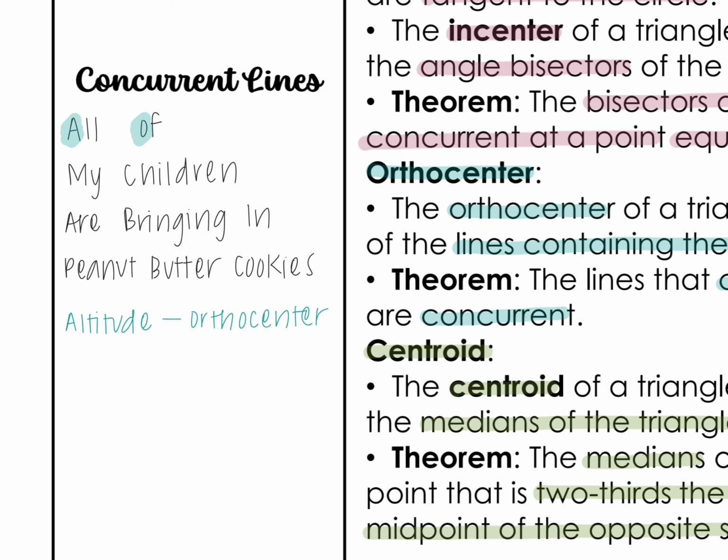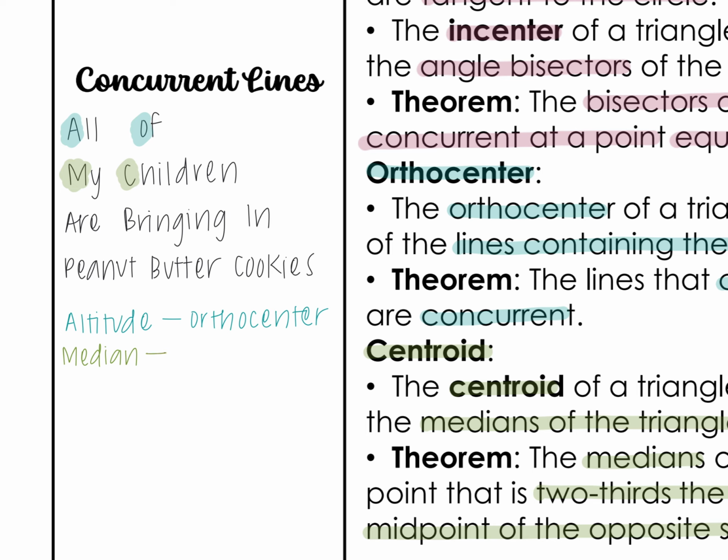Then we move into "my children." So we're starting with the M. We want to think about which segment starts with an M. Once again, our altitudes, angle bisectors, perpendicular bisectors, or our medians. Medians is the only one that starts with an M here. So we're going to have medians.